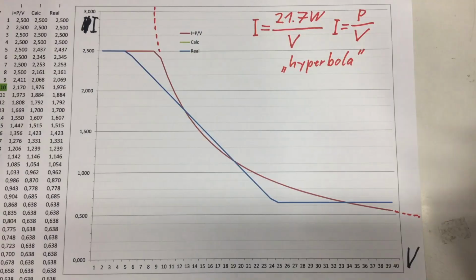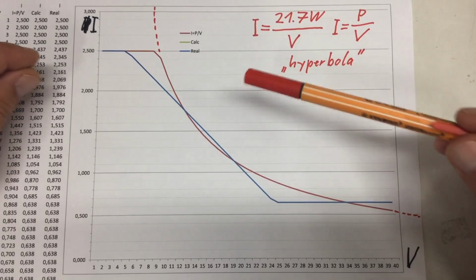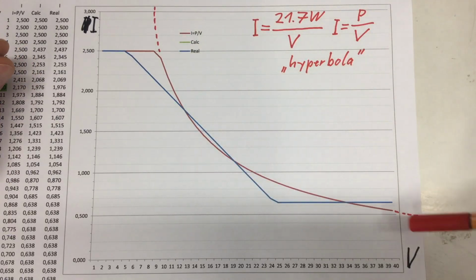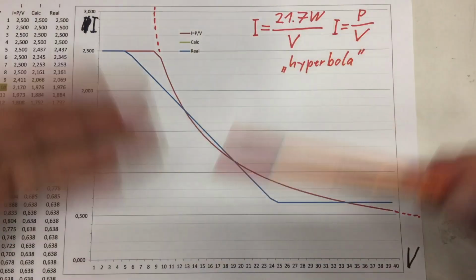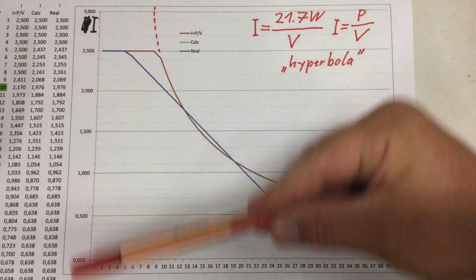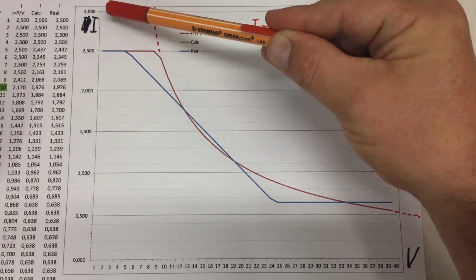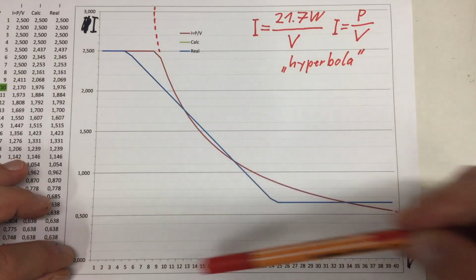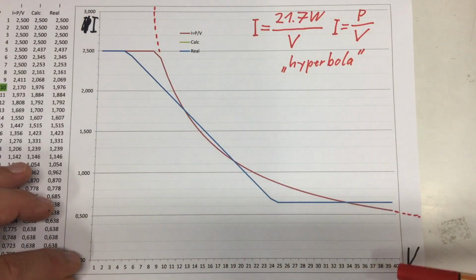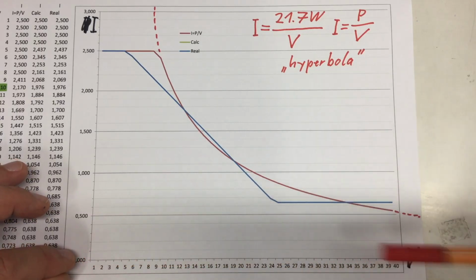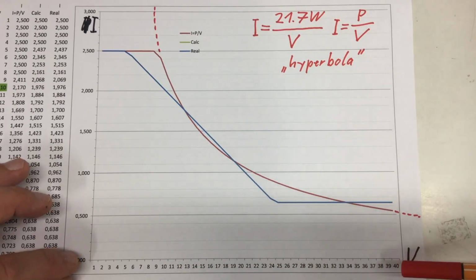For that, let's first have a look at that red curve here. In this graph, this is the current flowing through my load from 0 to 3 amps, and this is the voltage drop across my load from 0 to 40 volts.